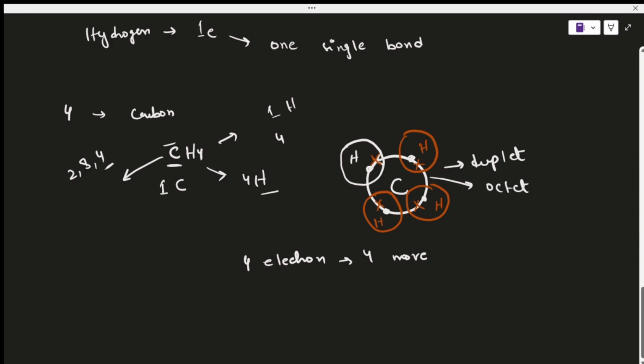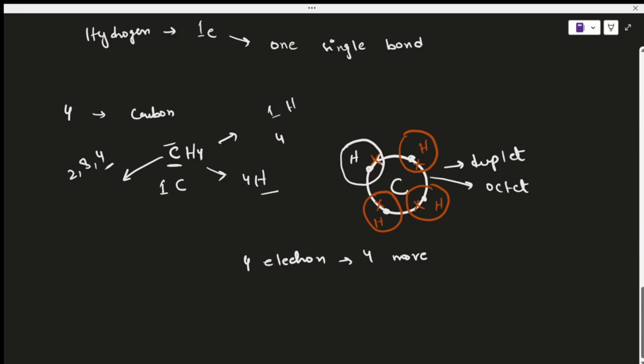Carbon now has 8 electrons shared, 4 of its own and 4 shared by hydrogen, and each hydrogen atom has 2 electrons in its first shell.